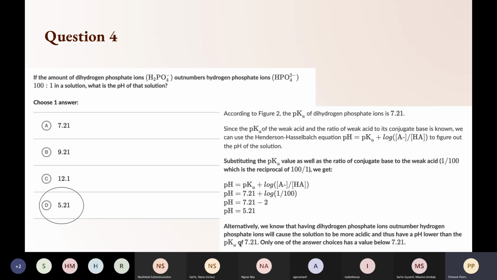So the pH is going to be less than the pKa, and the only one that had that was 5.21. I just wanted to make sure you understood how to also plug it into the equation, but please use all of the knowledge, and if it helps you figure it out faster that way, please do that.